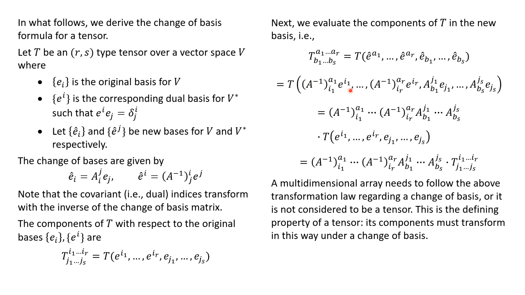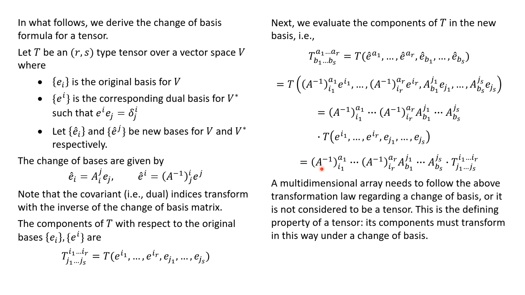Then the multilinearity property of the tensor allows us to pull out the coefficients, and then it's times, I couldn't fit it on one line, it's times just the T evaluated at the original basis vectors, and then we get this formula here. I'm just plugging in this over here. Okay, so this is the representation of the components for the tensor under the change of basis.